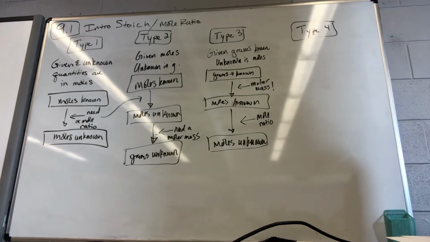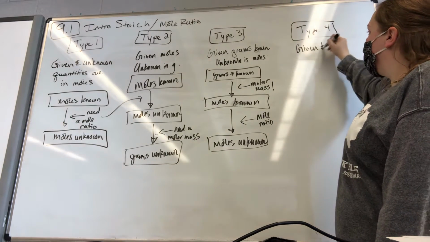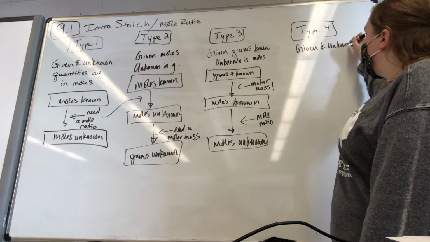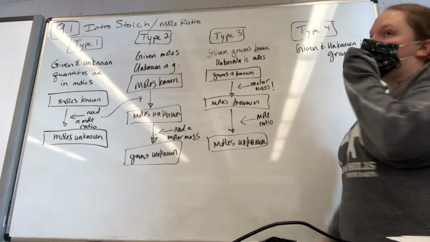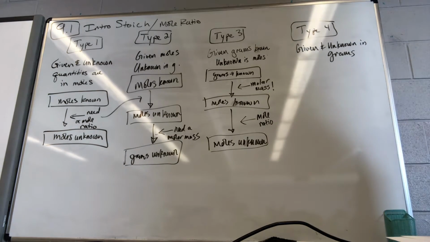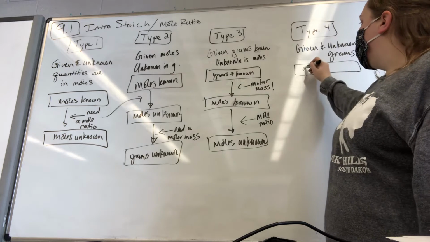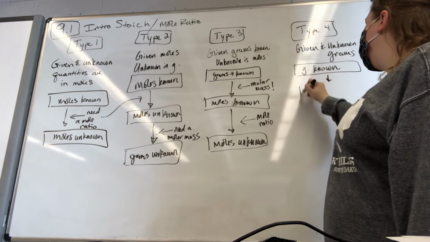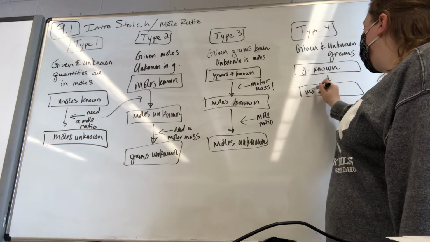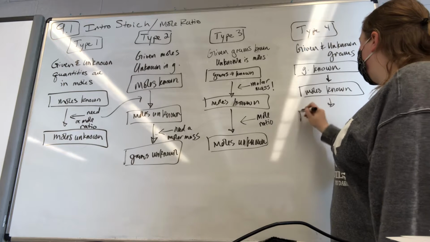Okay. And our final type, put it all together. Start with grams, we end with grams. And this is what is typically referred to as stoichiometry. All of it is stoichiometry.